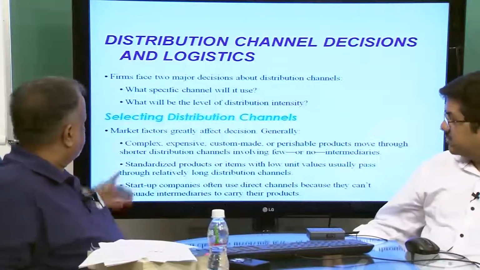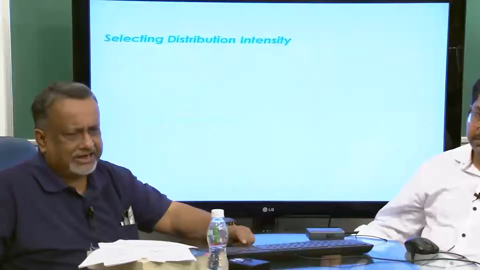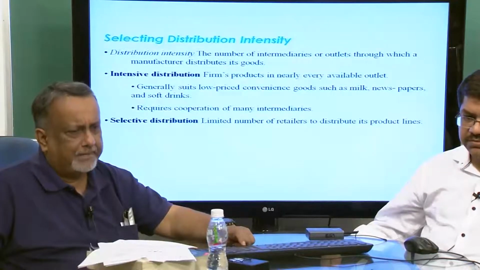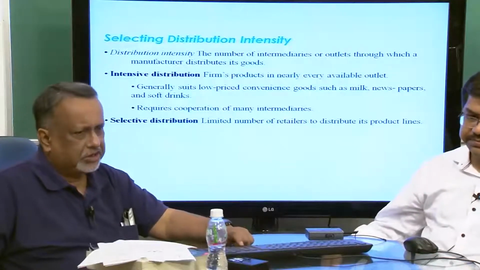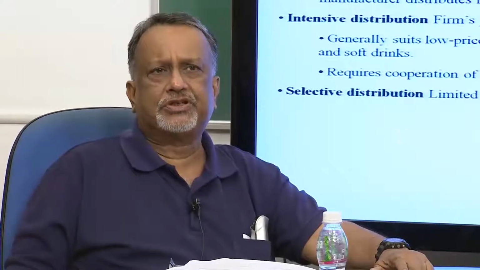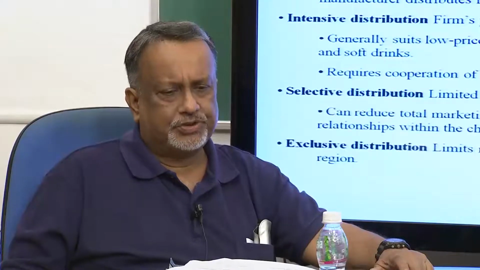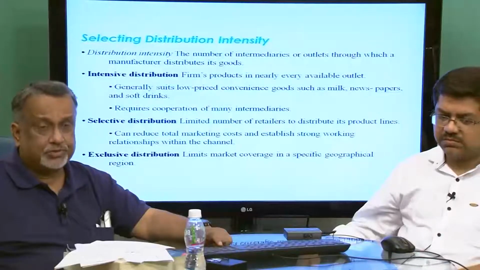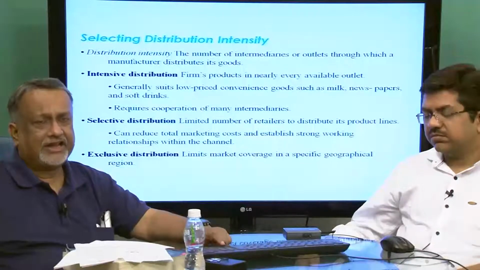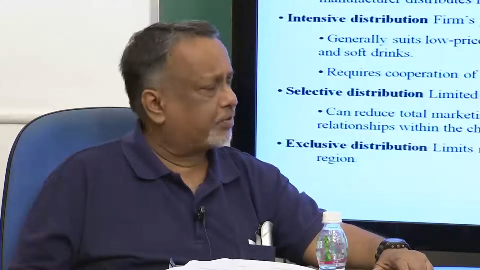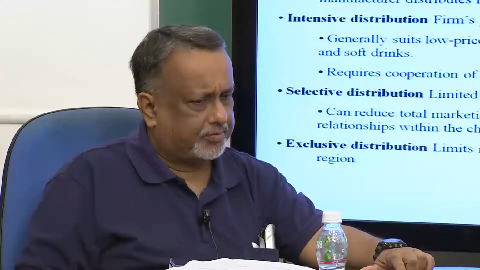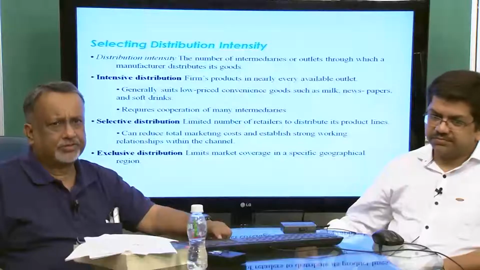So, these are the ways you select the length of the distribution channel, and then we also had a lot of discussion on intensity of distribution. Very intensive distribution is needed if you are selling chips, while selective or exclusive distribution can be taken for consumer durables, shopping products and specialty products. Shopping products mean selective distribution, and specialty products mean exclusive distribution.